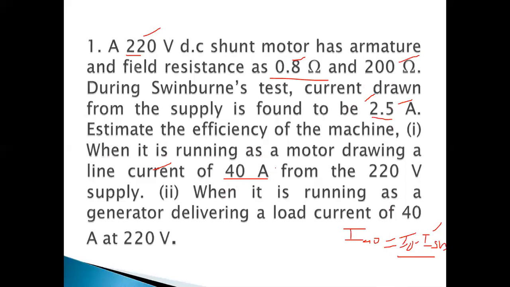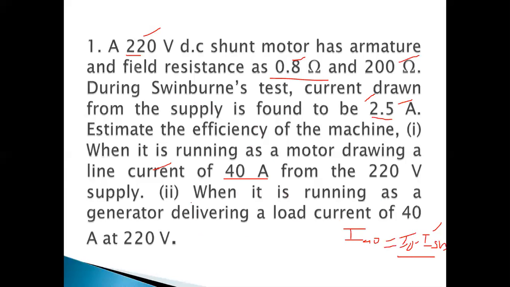Now calculation of efficiency for the motor. Input power is 220 into 40 amperes; minus total losses, divided by 220 into 40 amperes, will give the efficiency for this problem with the Swinburne test.